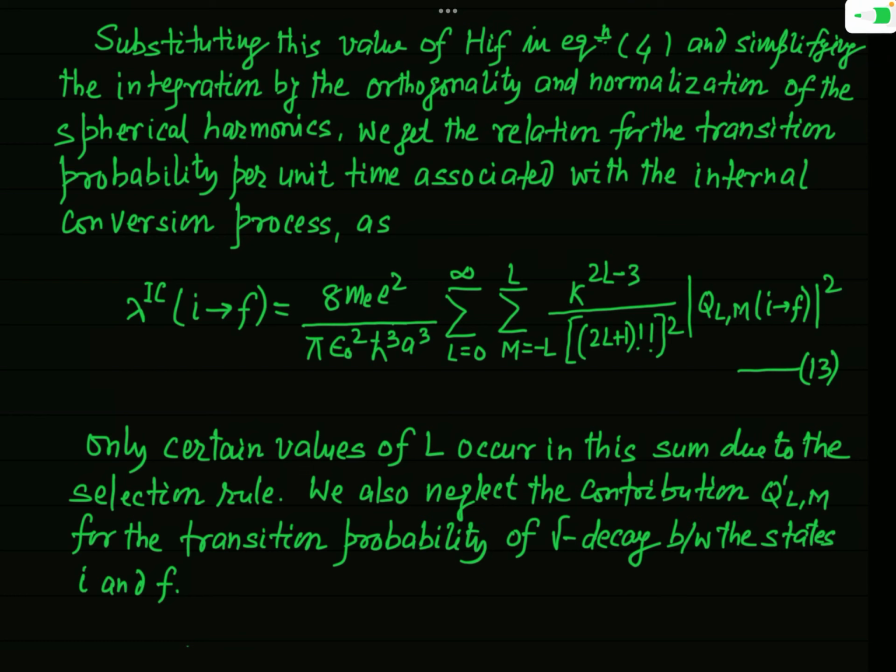Now, when this matrix element will be substituted in the equation which defines the decay constant or the probability of nuclear transition, and if you apply the integration by the use of the orthogonality and normalization condition of spherical harmonics, then you will get a relation for the transition probability per unit time associated with the internal conversion process.